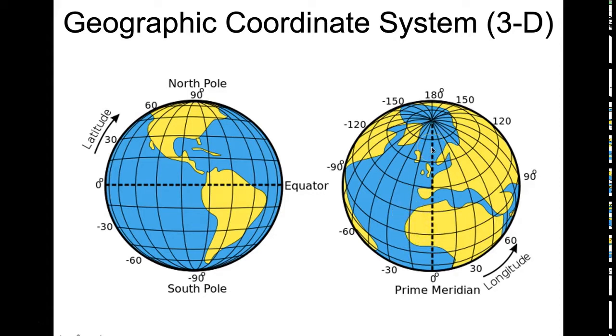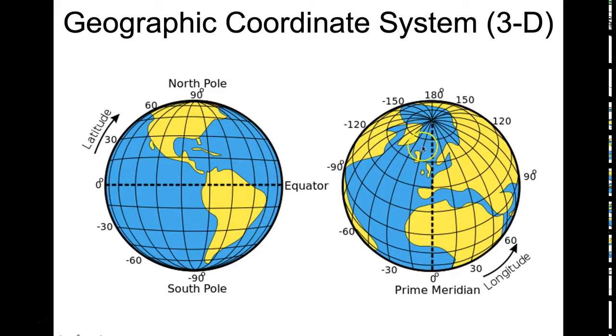But degree means something very different if we're here near the North Pole or near the South Pole. So here, the distance between these two lines of longitude is pretty short. But the distance between these two lines of latitude is pretty long.